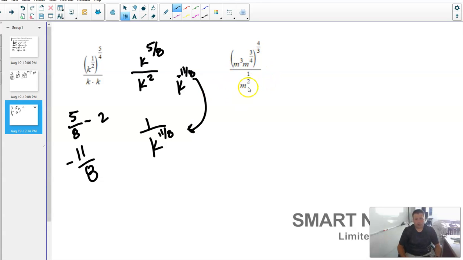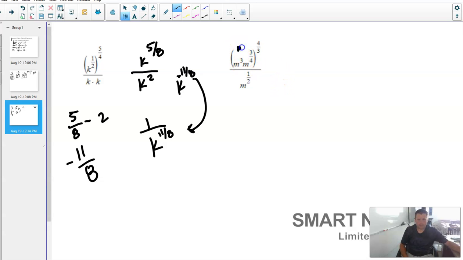Let's do this one again. Rules here: I've got powers. Actually, I've got a product of powers and a quotient. You can either do these together, but I'd probably work inside out here, so I would add the 3 and the 3/4, which is going to give me 15/4.